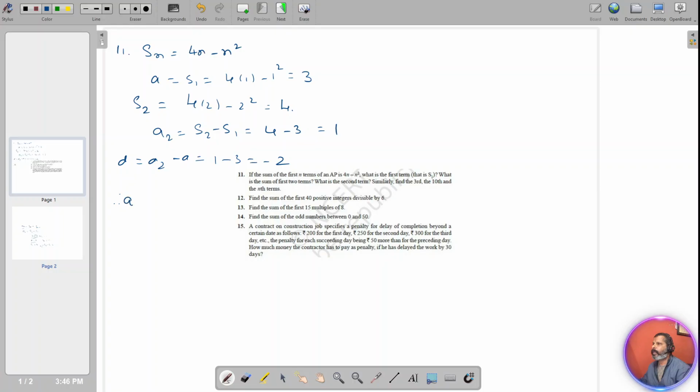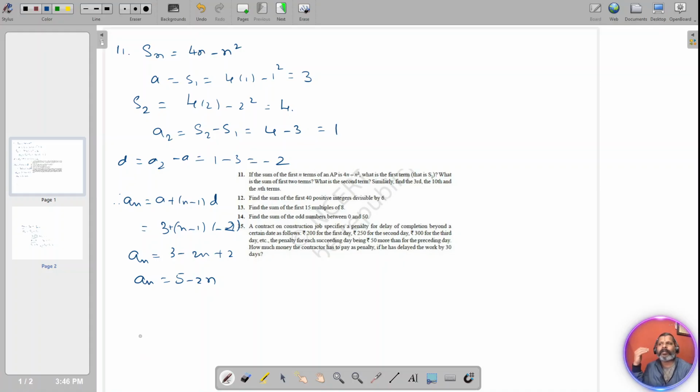Therefore, An is equal to a plus n minus 1 into D. A is 3, plus n minus 1, we don't know, D is minus 2. If we open, minus 2n plus 2, that is An becomes 3 plus 2 is 5, 5 minus 2n.